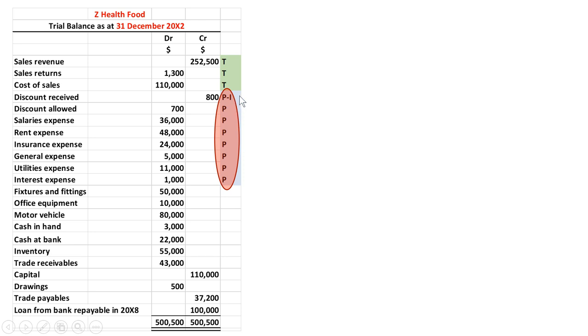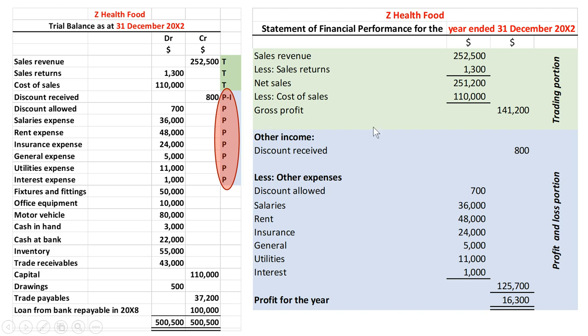The profit and loss section consists of the other income and the expenses. So I will list out all the items as P because they belong to the profit section. But for the other income, I will add a subcategory called P-I, just to identify other income items. So let's see how this statement now looks.